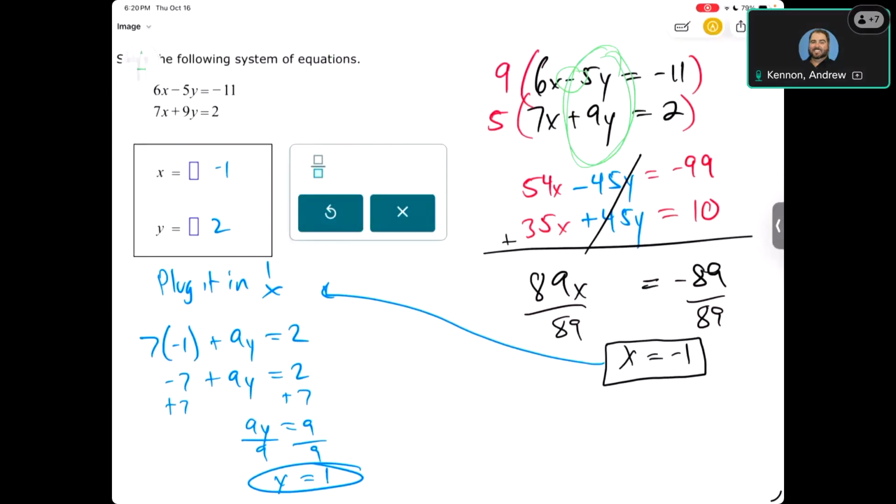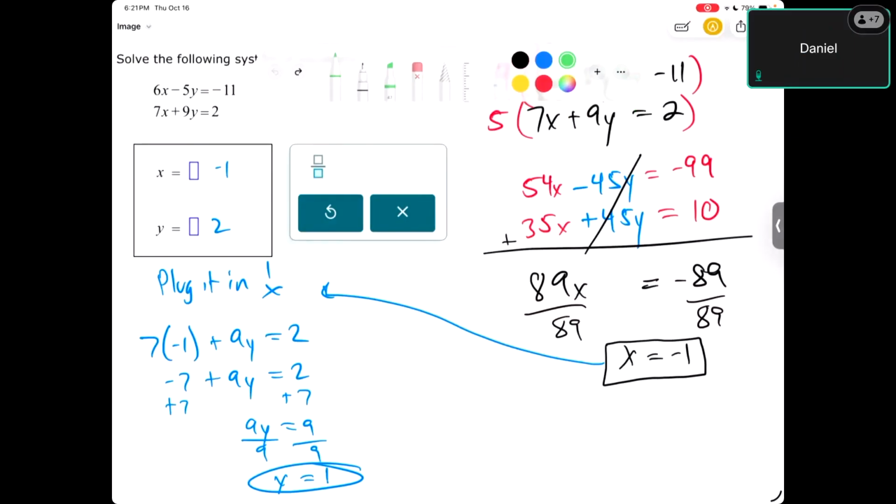I just always look at the sign difference, and then I don't have to multiply by a negative at all. Can you explain how y is 2? Because you put y equals 1, and then you put y equals 2. Oh, whoops. He put down x as negative 1, and he put the negative 1 into an equation and solved the problem. I accidentally wrote 2 right here. Oh, man.